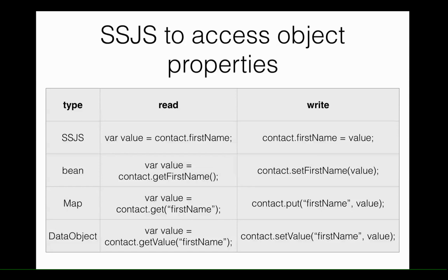But they're sort of independent. The getters and setters in a bean are kind of hard-coded in the sense that they're named based on the property that they're associated with. In a map, they're generic. So if we want to retrieve the value of a first name property and the whole object that is storing these properties is a map, then we just call get, but we pass it first name as a string.